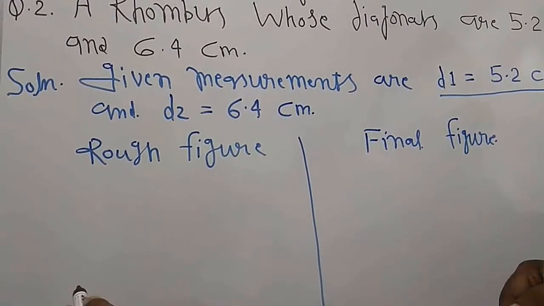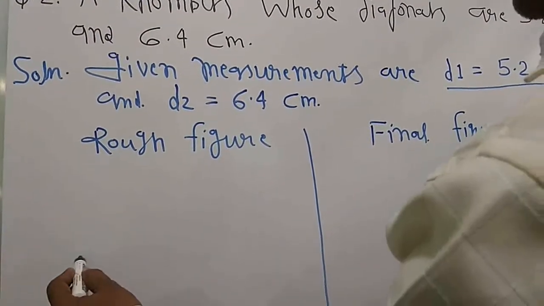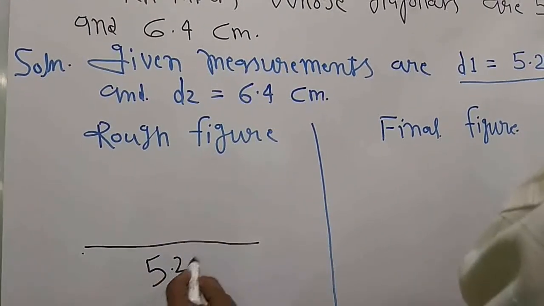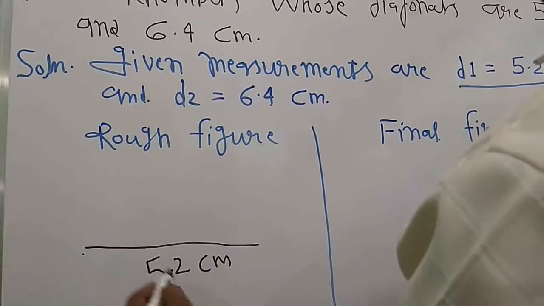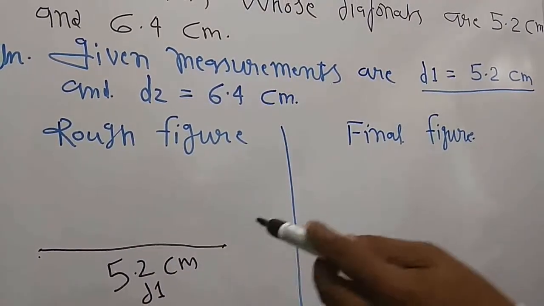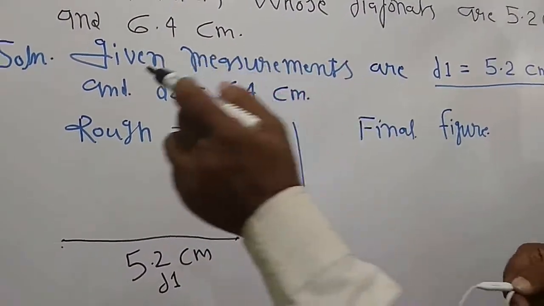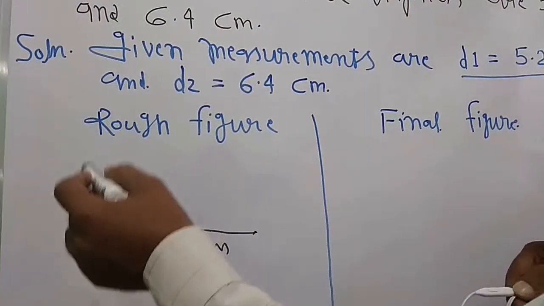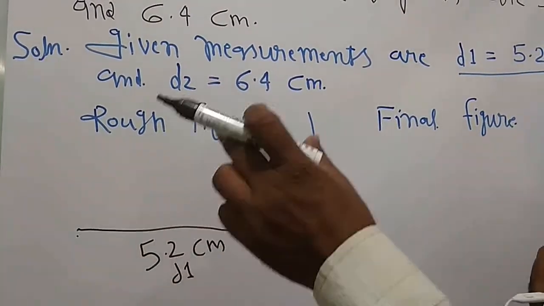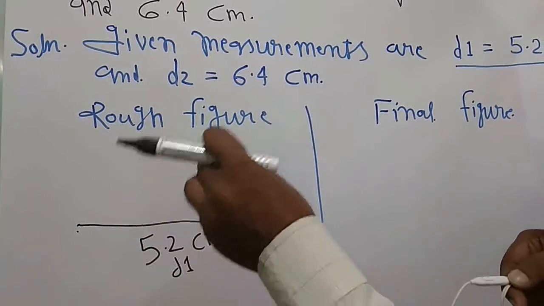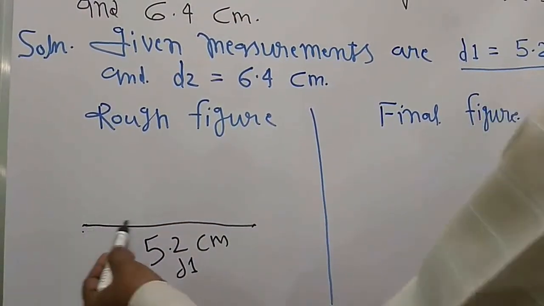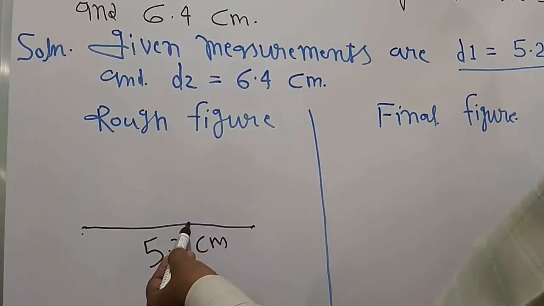In this figure, first we draw D1, that is 5.2 centimeter. It is our D1. After this, we draw the perpendicular bisector of 5.2 centimeter. For this, we take more than half of 5.2 centimeter. Here we are taking approximately, so from this point to this it is more than half.